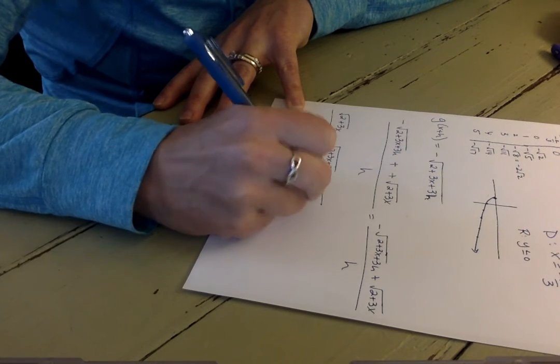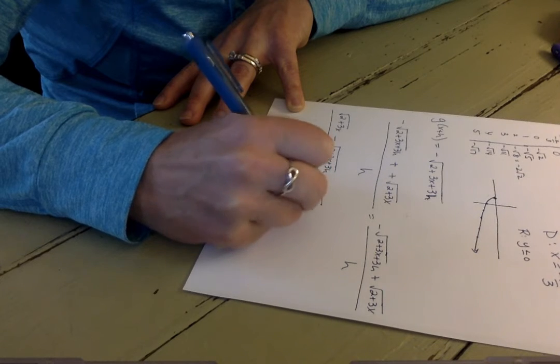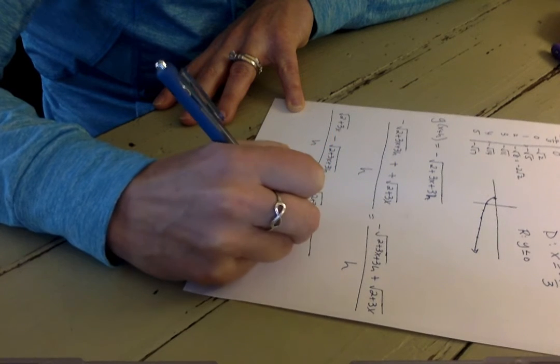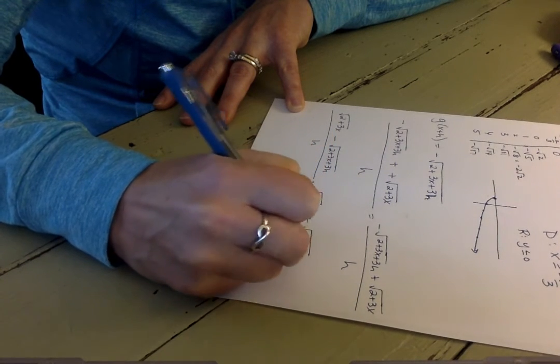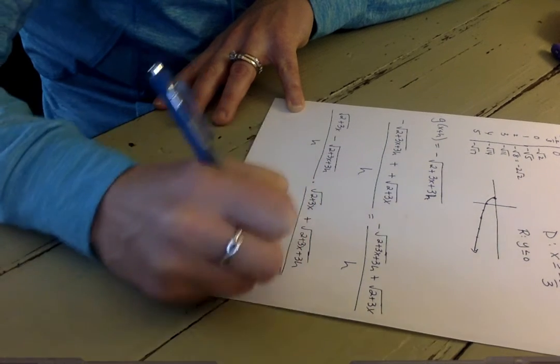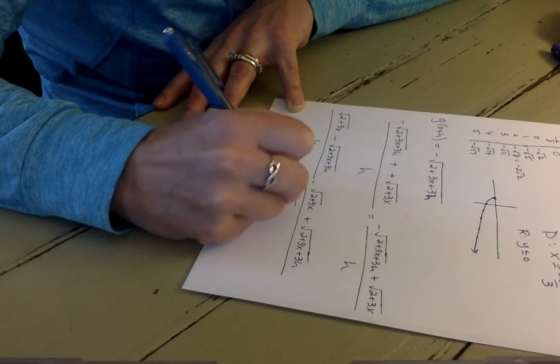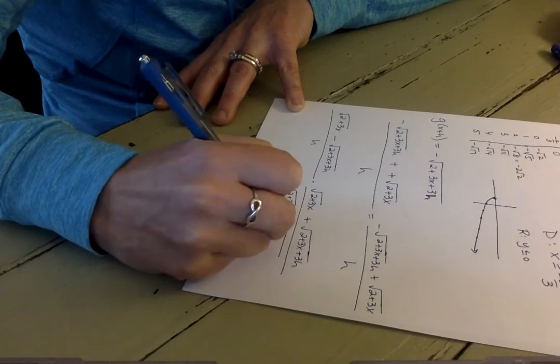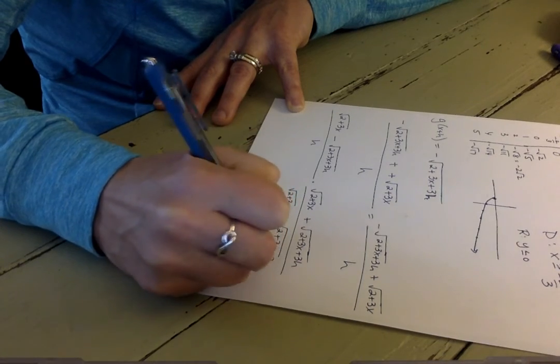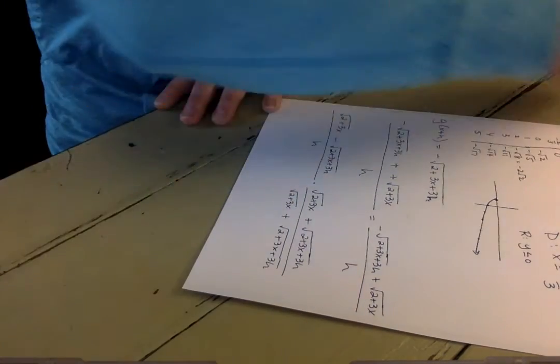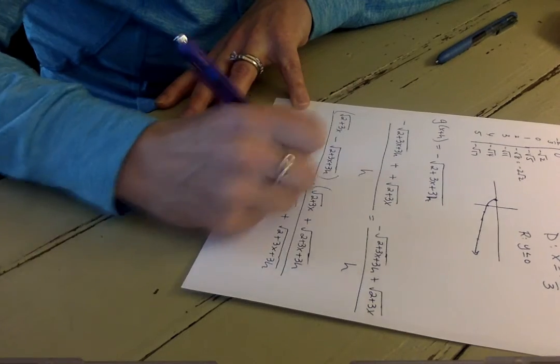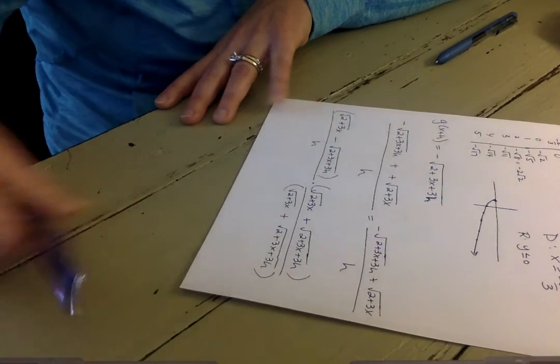So anyway, I'm going to multiply this by the square root of 2 plus 3x plus the square root of 2 plus 3x plus 3h all over the same thing, the square root of 2 plus 3x plus the square root of 2 plus 3x plus 3h. And I hope you guys had the wherewithal to use your good old parentheses, parentheses, parentheses.